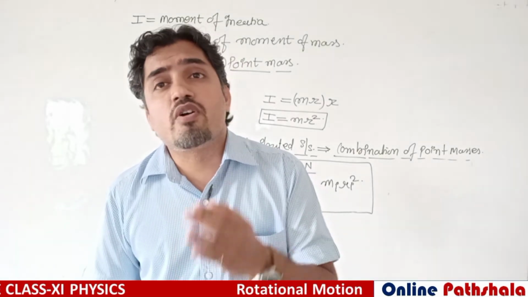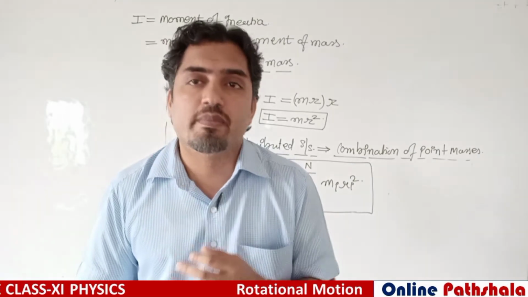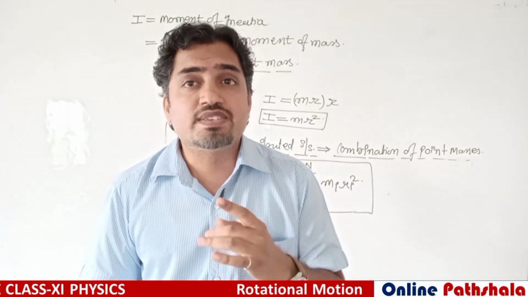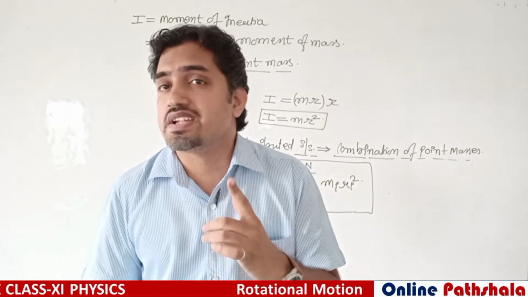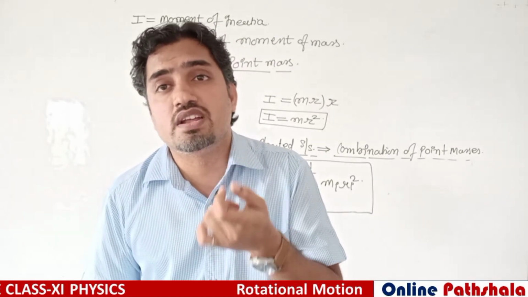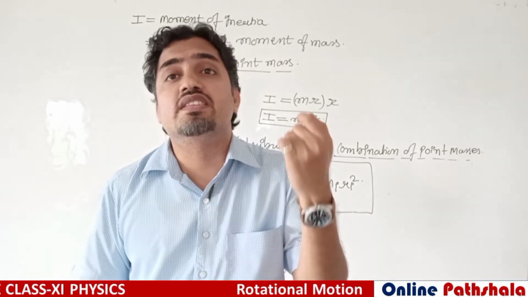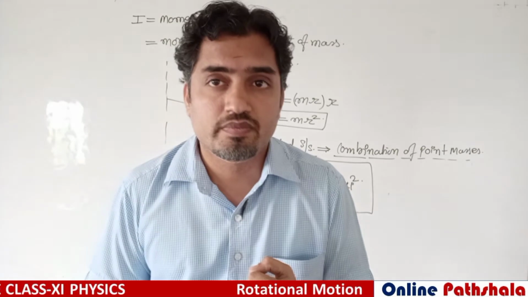Whenever we talk about the moment of inertia of a rigid body, there are some points we have to remember. First point, we have to use integration. We have to consider a differential part and integrate this differential part over the volume.